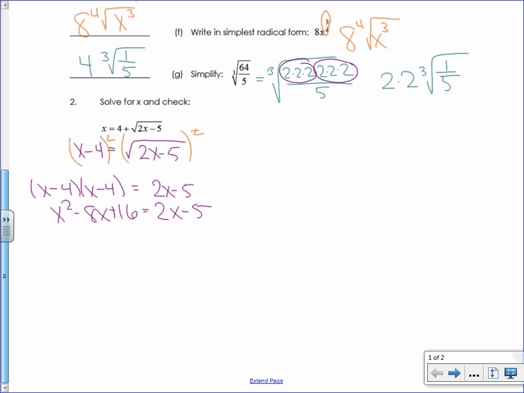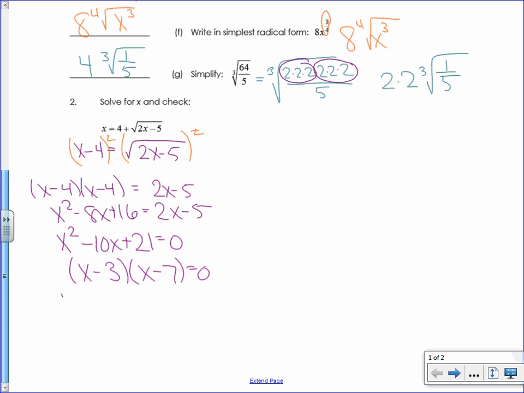And now we have a quadratic, so let's get that equal to 0, so we can either factor or use the quadratic formula. So I'll subtract 2x, add 5 to both sides, so you get x squared minus 10x plus 21 is equal to 0. And this does factor into x minus 3 and x minus 7.